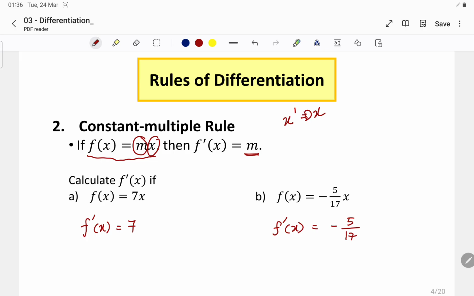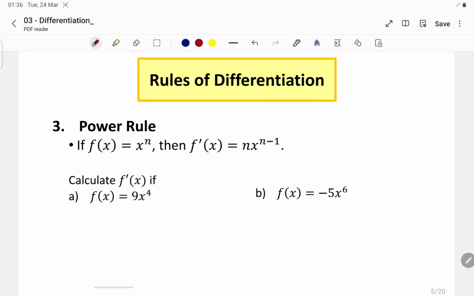Okay, now we go through the next rule, the power rule. For this one, f(x) is equal to x to the power of n, and when we differentiate it, we will get n x to the power of n minus 1. So how to do this one? To make it easier for you, let's say you have f(x) equal to x to the power of n.